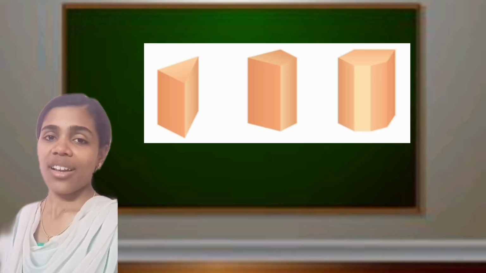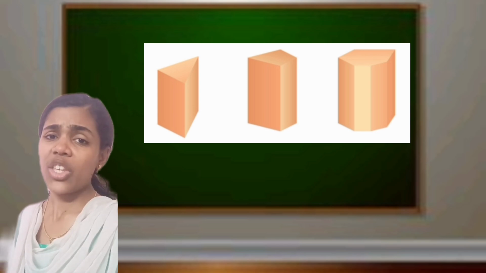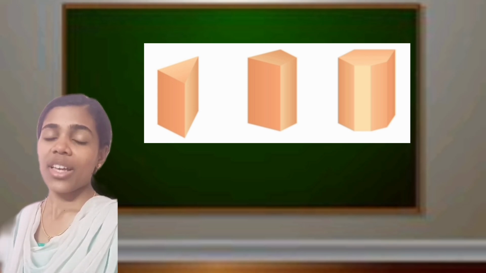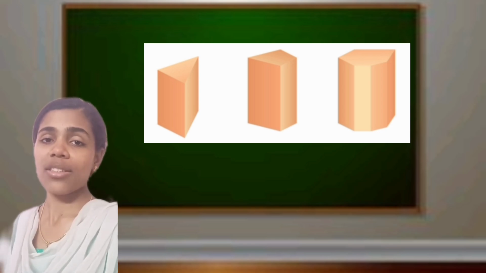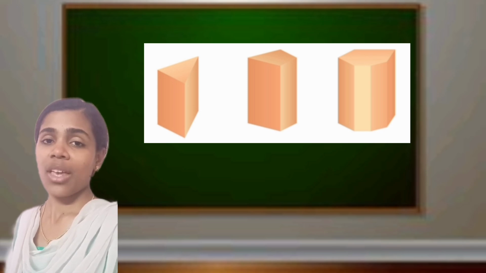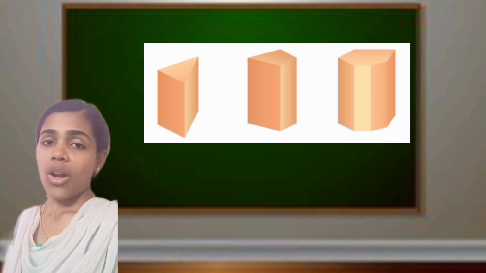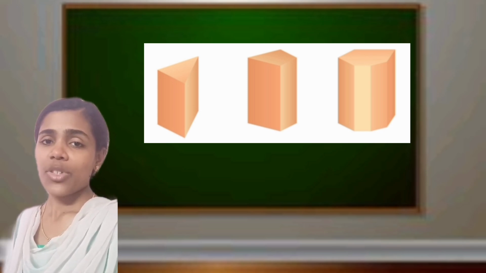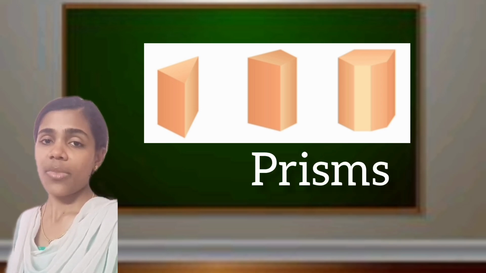In general, the surface of each of these objects is made up of two identical polygons on the top and bottom and rectangles of the same height, with corresponding sides of the polygons as a pair of opposite sides. Such solids or three-dimensional objects are called prisms.